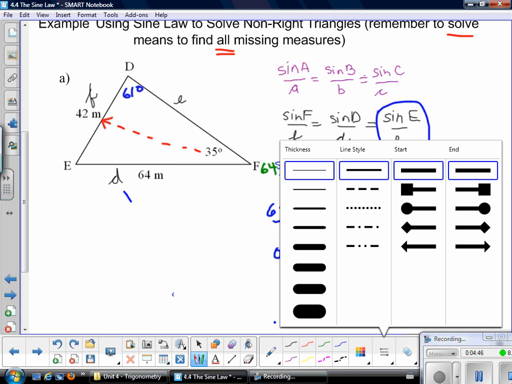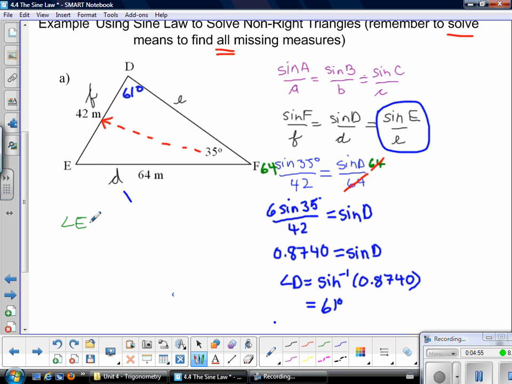Angle E equals 180 minus the 35 degrees that we were given plus the 61 degrees. And when we subtract that, we end up that angle E is actually 84 degrees.